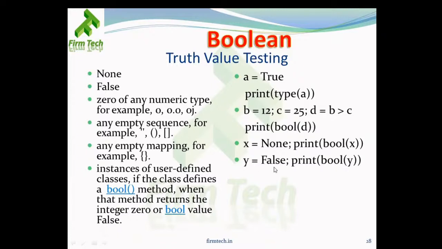And Y is equal to false, and print of bool of Y will also yield false. And Z is an empty list, so print of bool of Z will give you false.